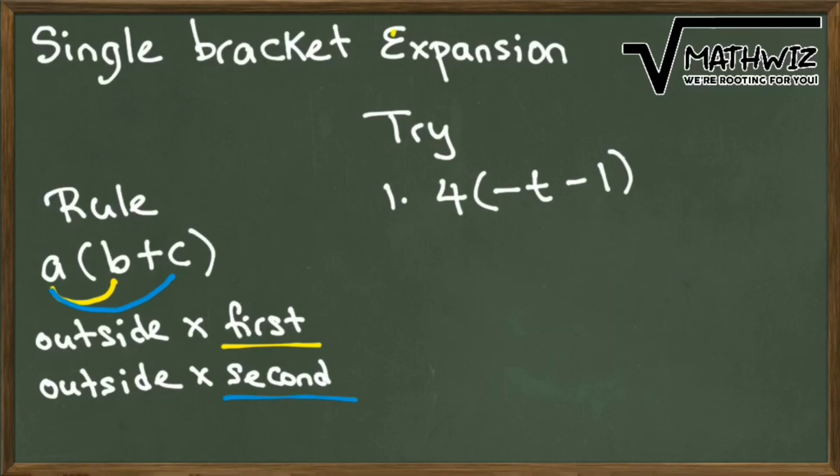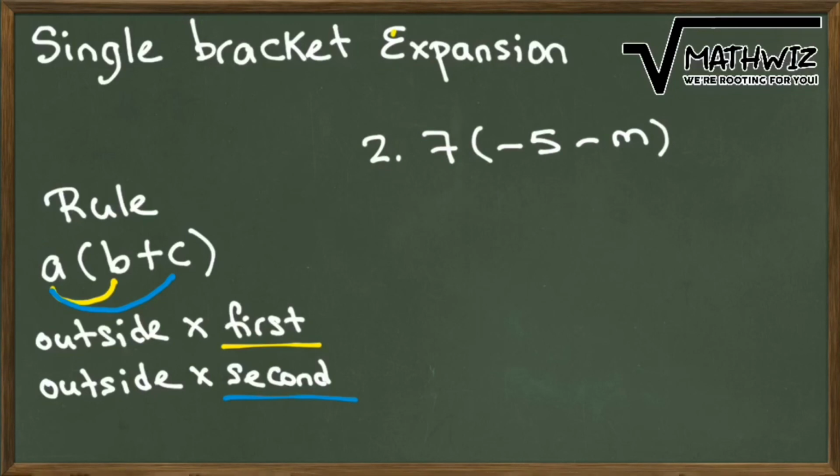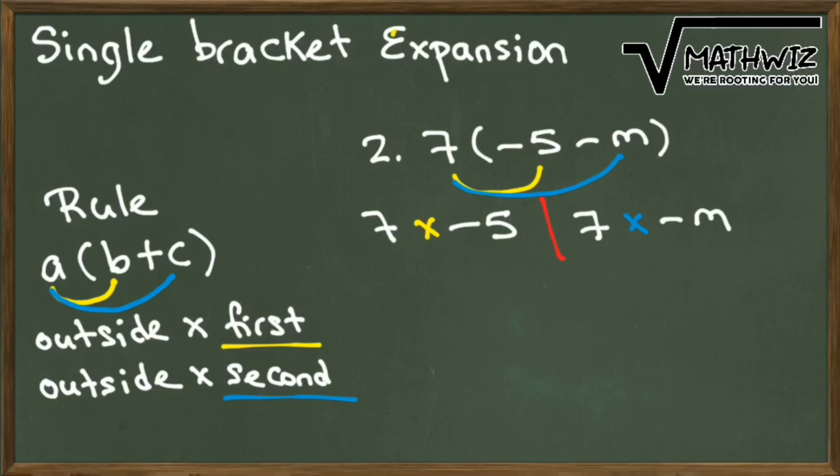For the second question, we are going to take what's on the outside and multiply it by the first on the inside. And so we have 7 multiplied by minus 5. We are then going to take what's on the outside and multiply it by the second on the inside. And so we have 7 multiplied by minus m.